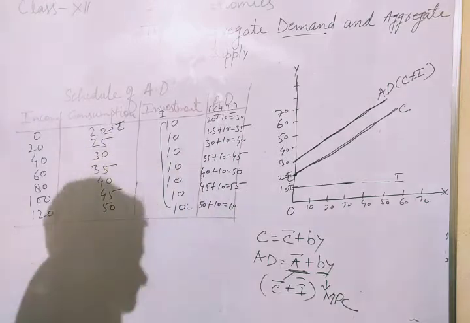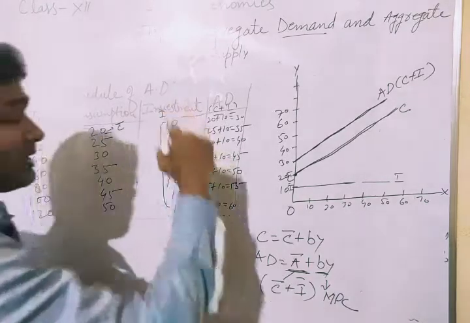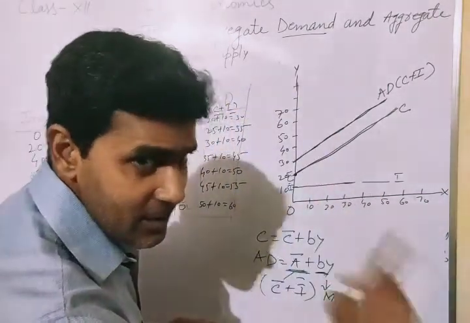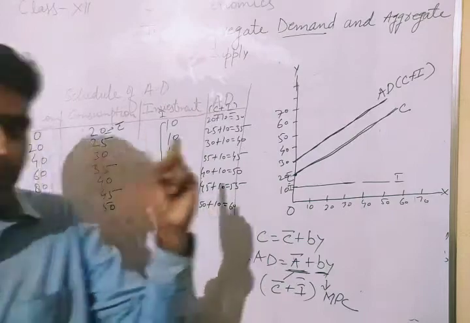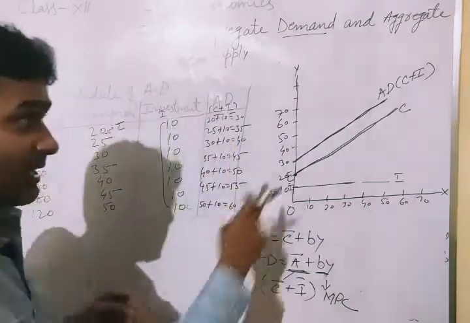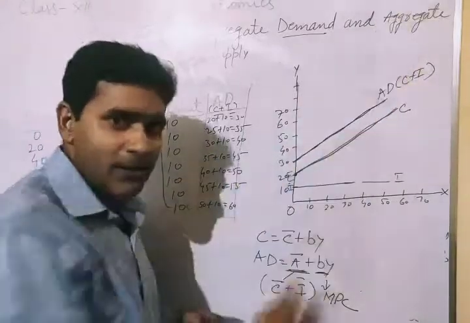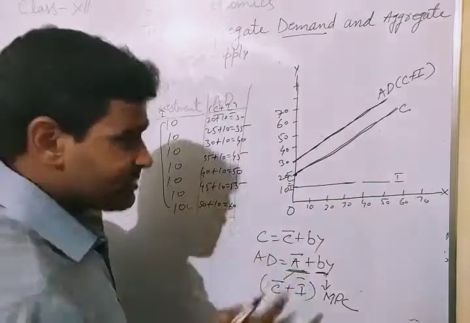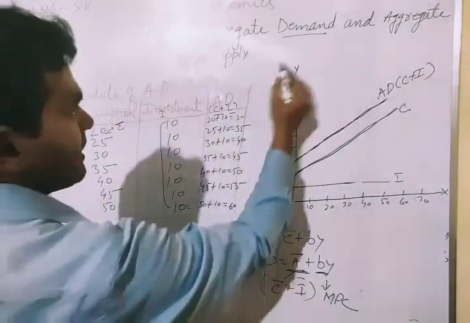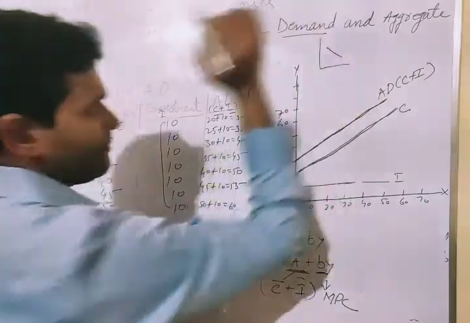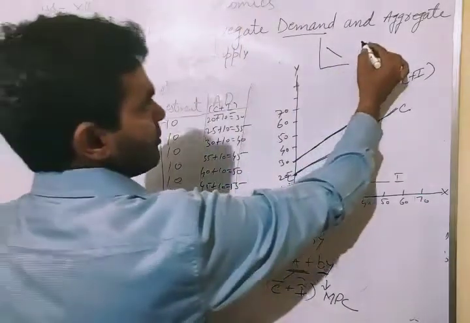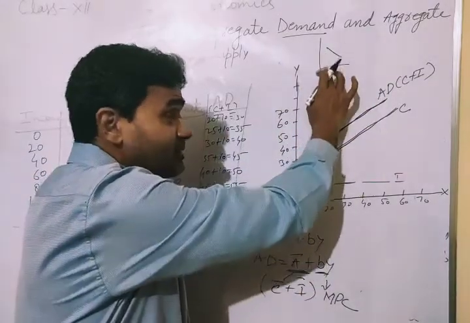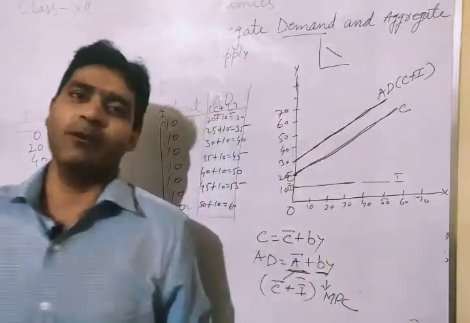One more thing I want to tell you: while we were dealing with individual demand and market demand in class 11th, the demand curve slopes downward. Why does it slope downward there, and why does the aggregate demand curve slope upward? Because, dear students, please remember that in the individual demand curve, or in the case of market demand, the demand curve slopes downward because it shows the inverse relationship between price and quantity demanded.